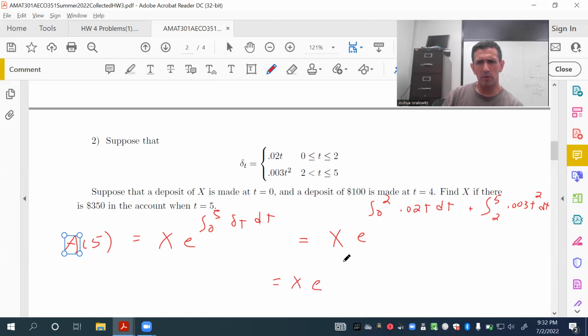So it's going to be 0.02 T squared over 2, plug in 0 and 2, plus 0.003 T cubed over 3, plug in 2 and 5.